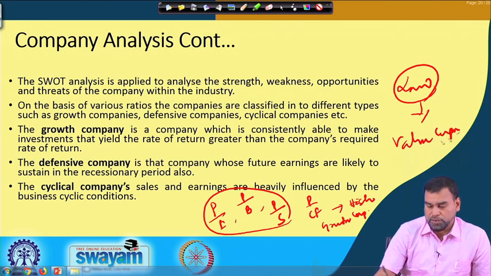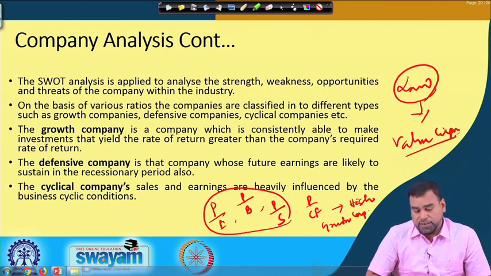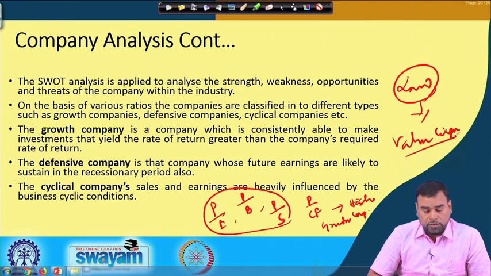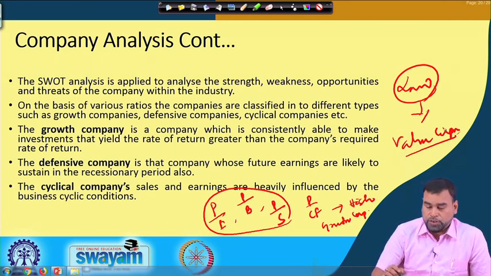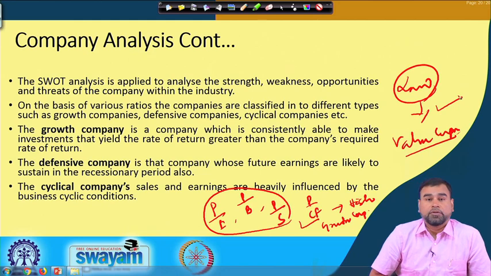The best thing is to take those companies, arrange them in ascending or descending order and take the median or mid value. Above the mean value, we consider them growth companies, and below the mean value we consider them value companies.